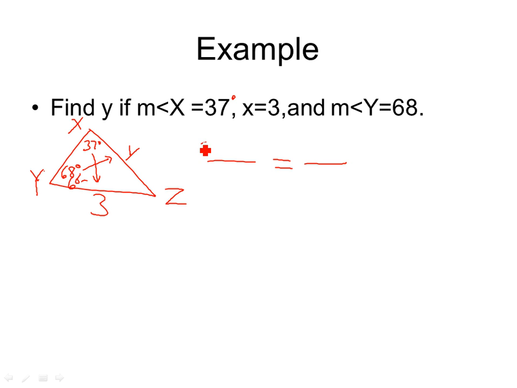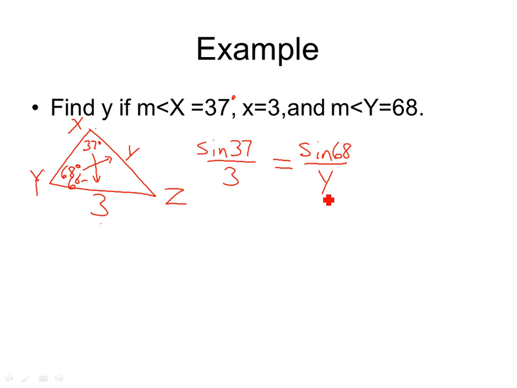It's going to be the sine of big X, or the sine of 37 degrees, over little x, equals the sine of big Y, which is 68 degrees, over little y. So you're just setting up that proportion.